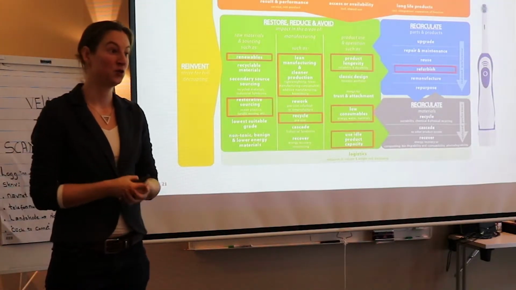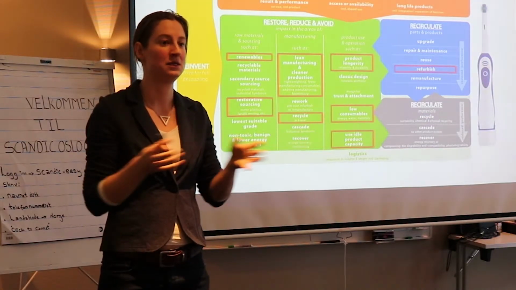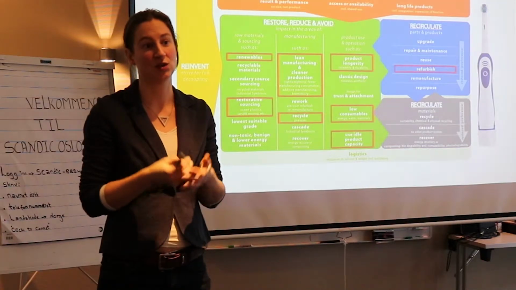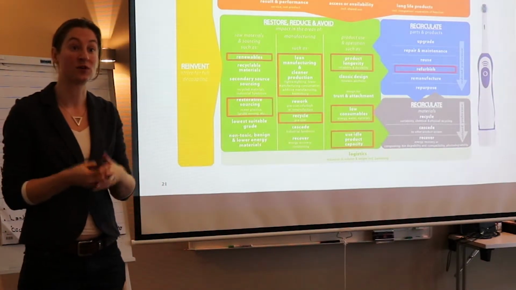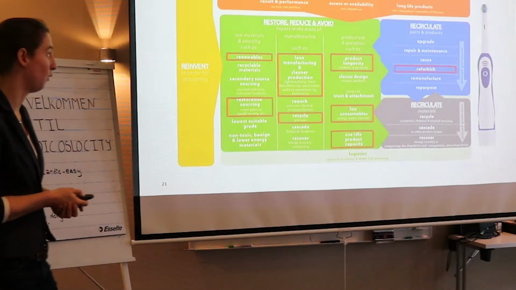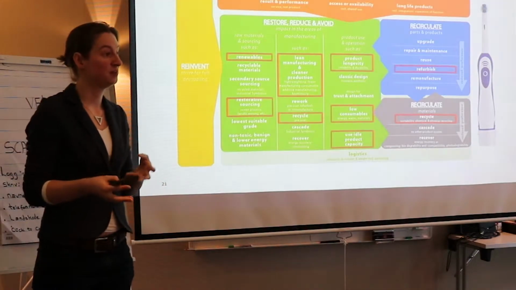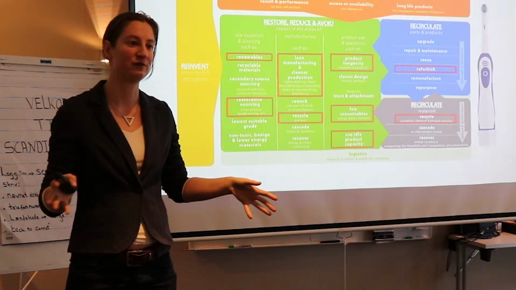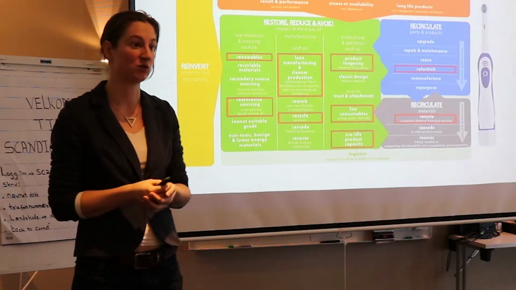Maybe the technological lifetime is much longer than the actual use of the electronic toothbrush, because the outside starts to exhibit signs of wear and tear. So maybe you can refurbish the brush, give it a new shell. Maybe the product can be redesigned in such a way that it becomes much easier to separate the different materials that can then go on to be recycled in their respective streams, right?